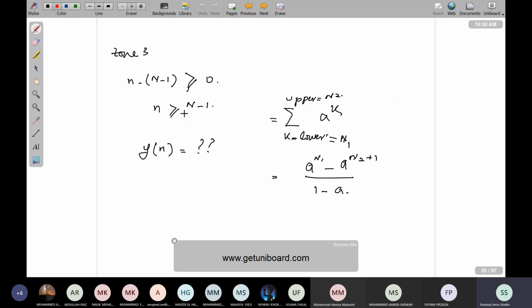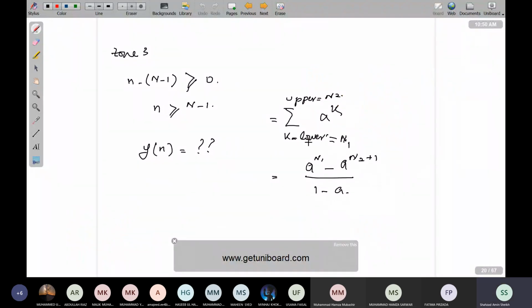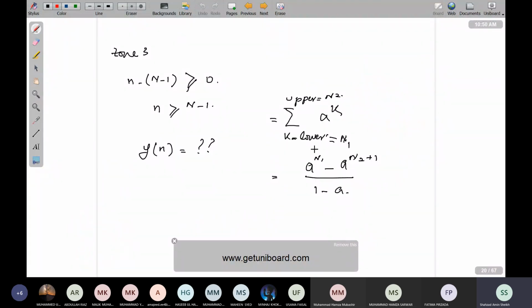So it means n is greater than or equal to capital N minus 1. इस बात का मतलब हुआ कि आपकी लोअर लिमिट n minus capital N minus 1, अपर लिमिट n, and you are getting सॉल्व करके चेक कर लें. So y of n is equal to sum from n minus capital N minus 1 to n of a raised to power k, and you will be solving it.